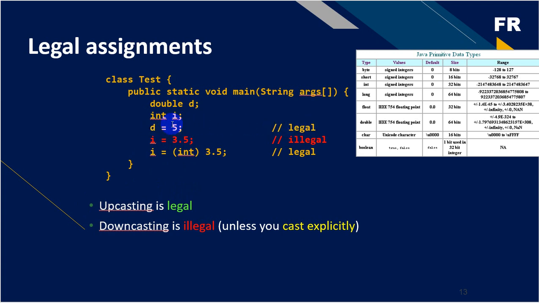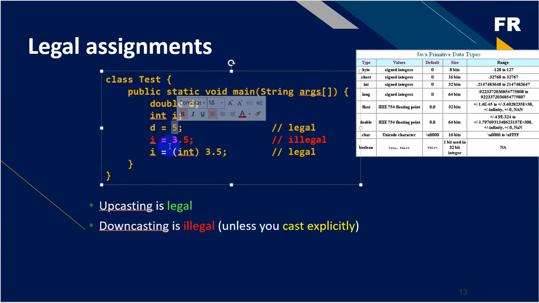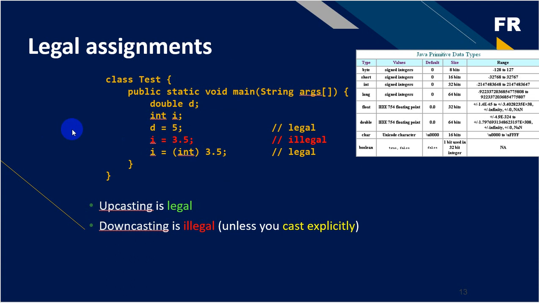So this is a legal procedure. 5 is basically an integer, whereas the double usually comes with decimal points and the maximum size of the data. If you see the size required for the data types, for the integer it's 32 bits, for double it's 64 bits.